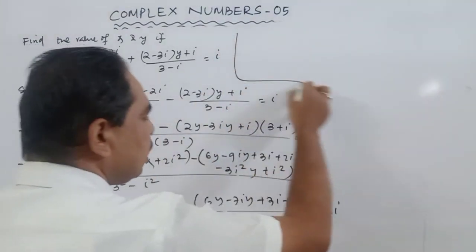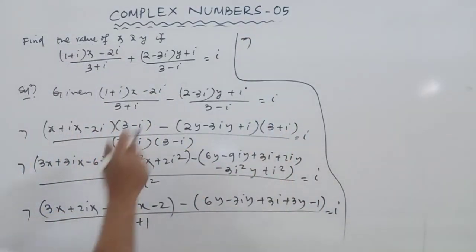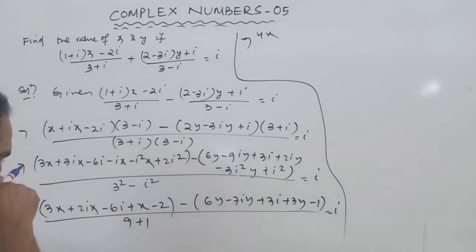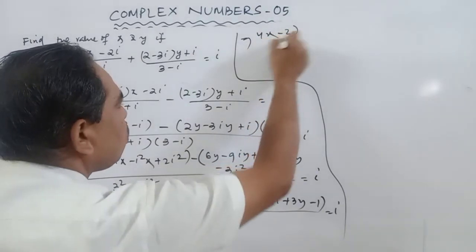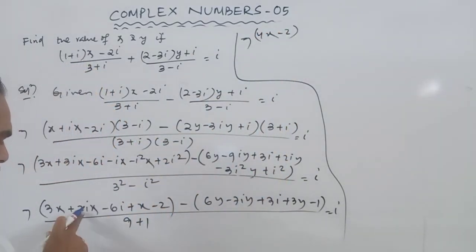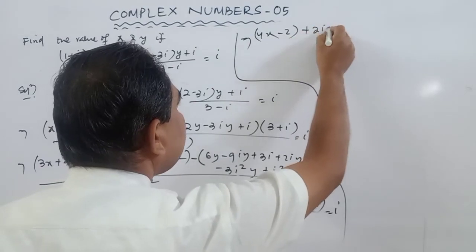Okay. So this implies 3x plus x, 4x, minus 2. Here 2ix, so plus 2ix minus 6i.